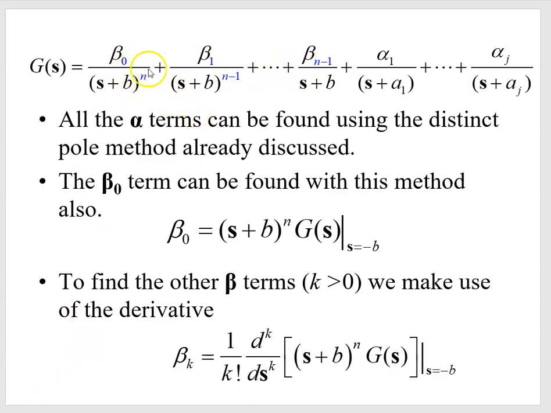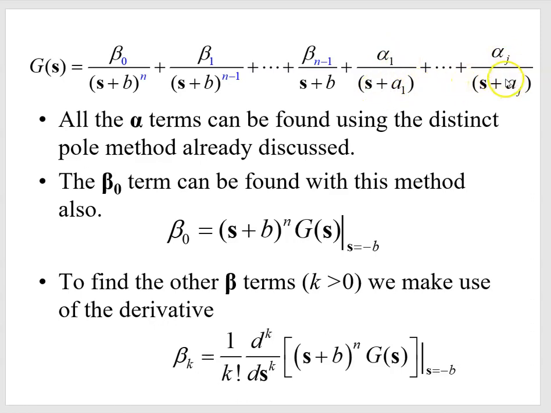Notice also how the numerator variables for our expanded function are defined. We have beta for all the repeated root numerators and alpha for the distinct root numerators. For the distinct root numerators, alpha 1 is over the denominator that has a root of negative a1.